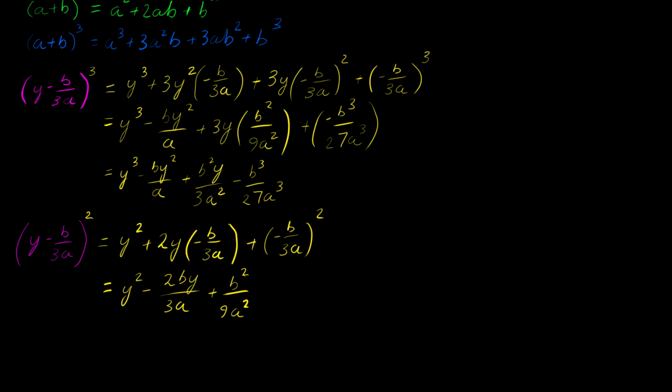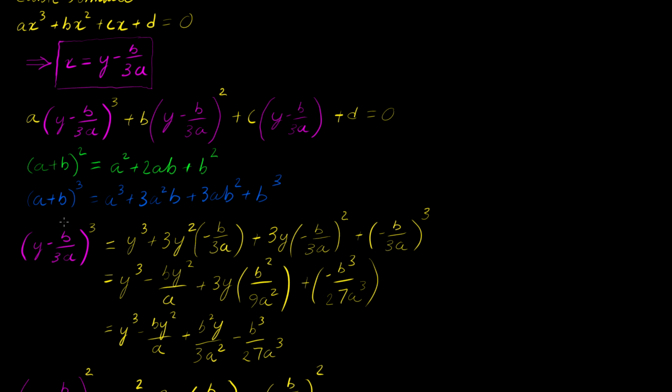So let's take a look at our original equation. We have it up here. So all we're going to do is take, if we look at this term here, this is simply the expansion of y minus b over 3a cubed.